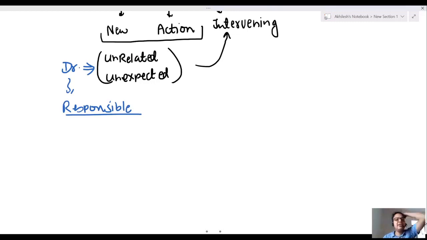Like a doctor giving some drug leading to death, a doctor giving some electrolyte leading to heart failure. So if the doctor is responsible or involved in an unrelated or unexpected action intervening in the case, the doctor will be responsible. This is novus actus interveniens. Okay, done.